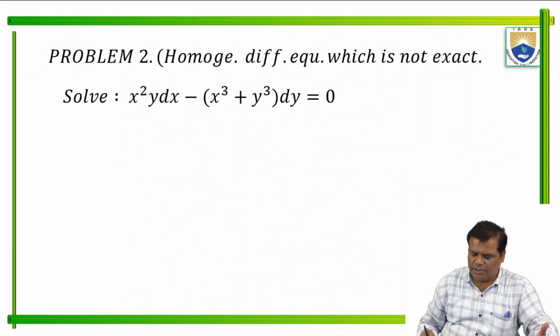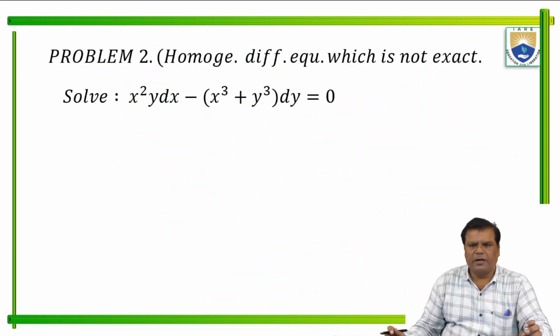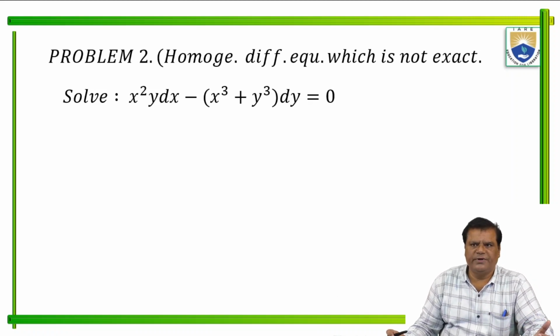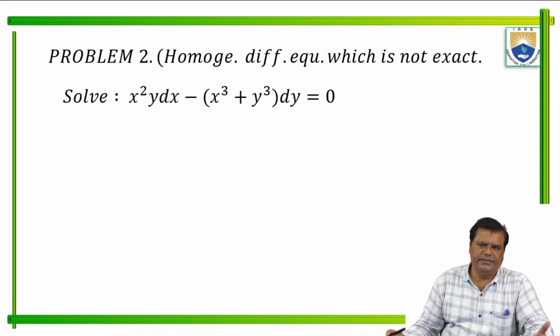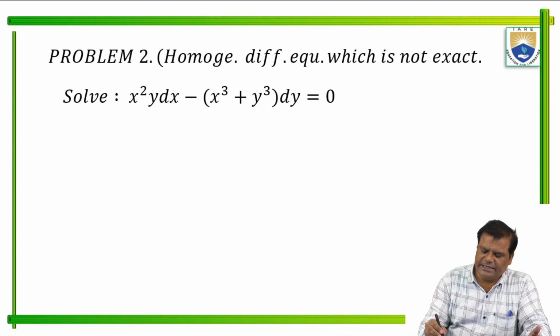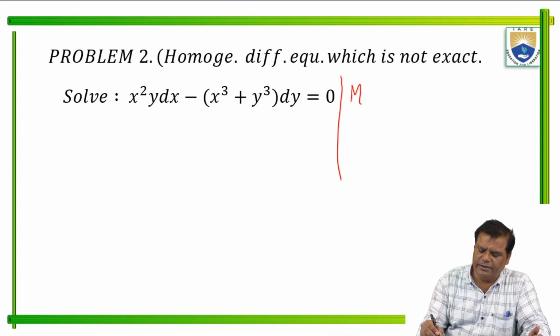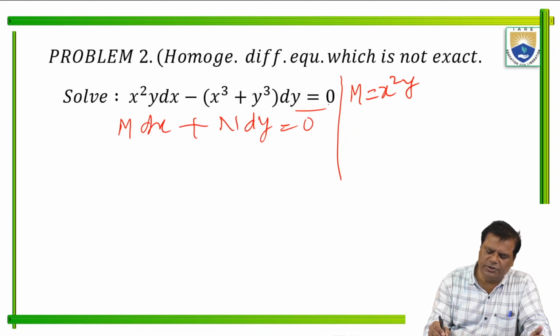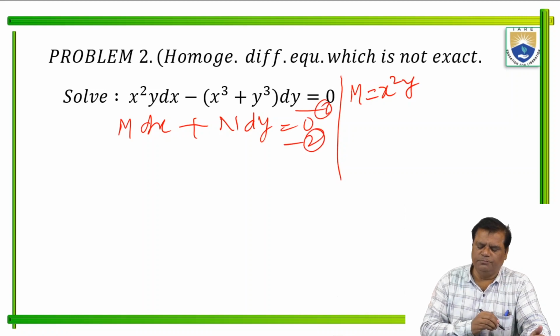Okay. Now the next problem, problem 2, also depends on a homogeneous differential equation which is not exact. Here we can check whether this is exact or not. M dx plus N dy equals 0.